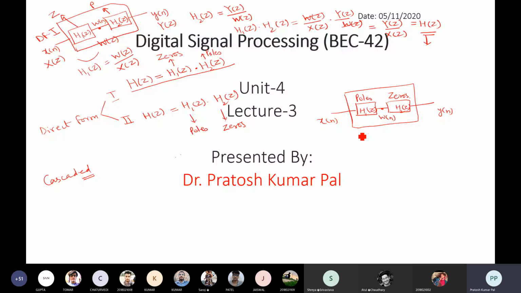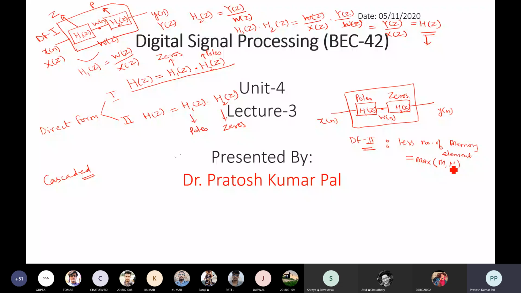In direct form 2 we are sharing the delay elements, so it just reduces the memory requirement. Here the number of memory elements required is the maximum of m or n. So the maximum value of m and n will be the number of memory elements required.